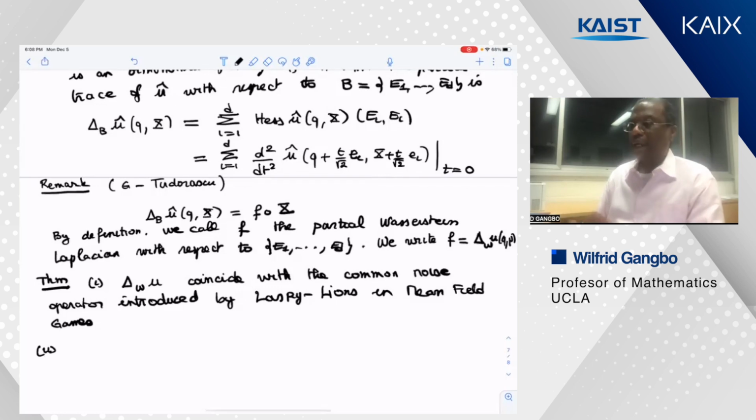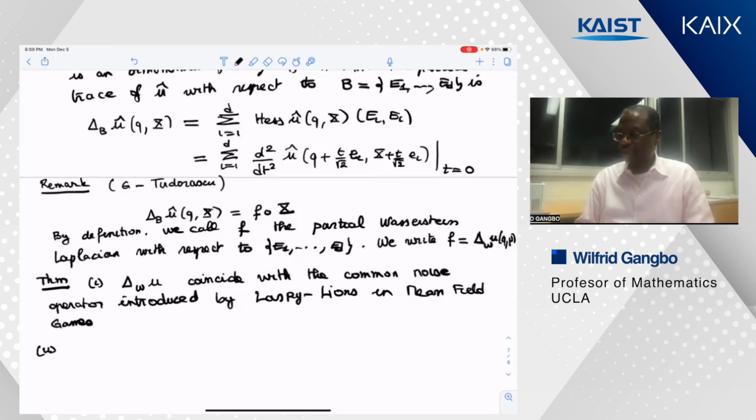Second, I want to compute what the Wasserstein Laplacian is.